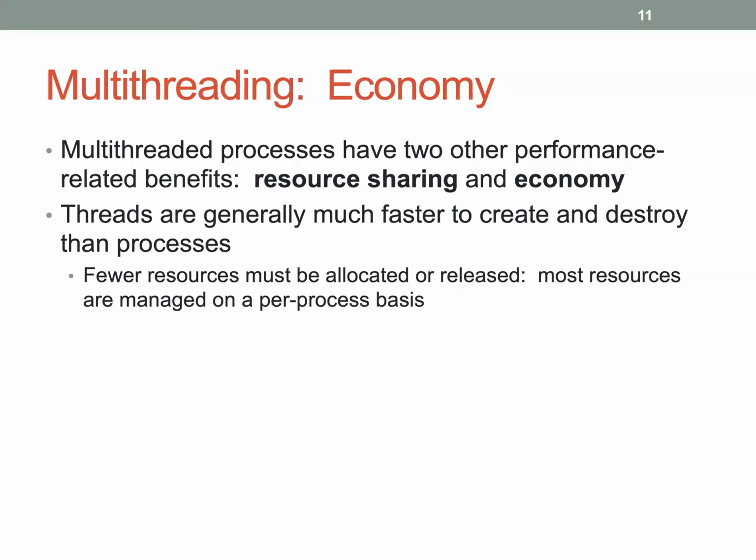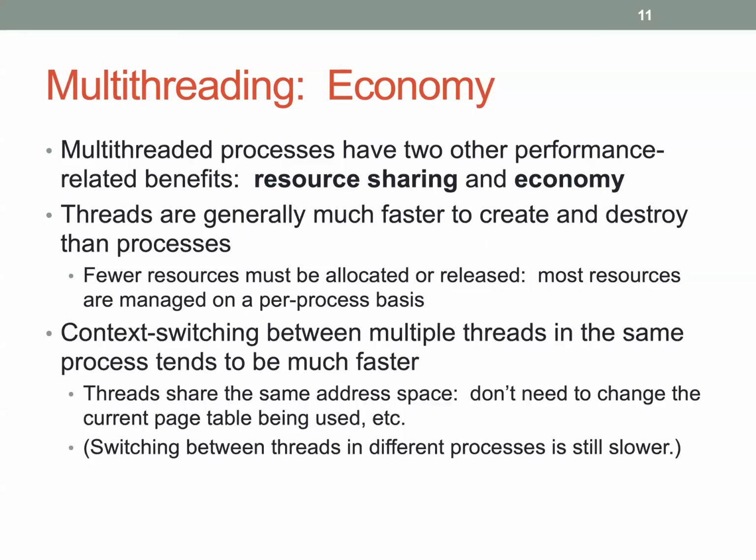Threads are a lot cheaper to create and destroy than processes are. Processes require more resources to be managed. And so starting up yet another thread in a program tends to be a lot cheaper than spinning up a whole new process. And so that's a nice benefit of using threads instead of processes.